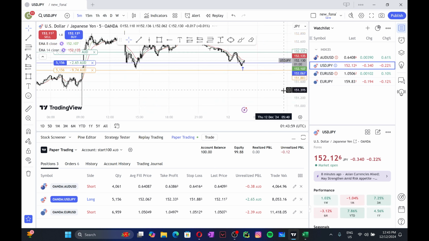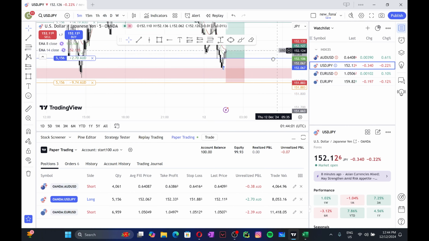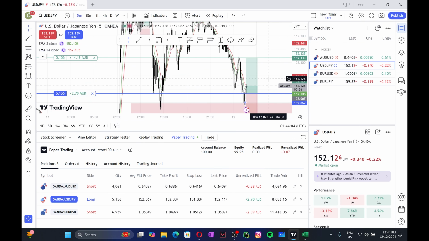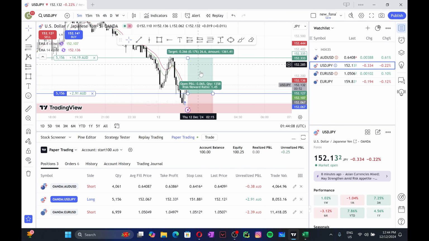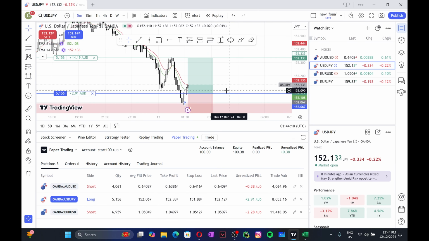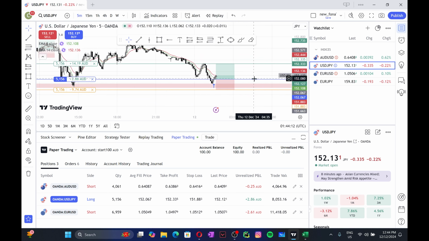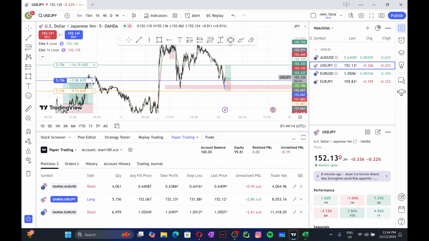USD JPY seems like it's going good. Seems like the price is actually going really high up. Hopefully it wouldn't intersect again and go down and continue the bearish trend. It did touch this zone already, and it's going up, so I expect it to do that.